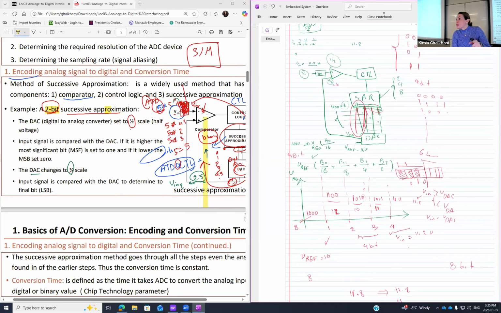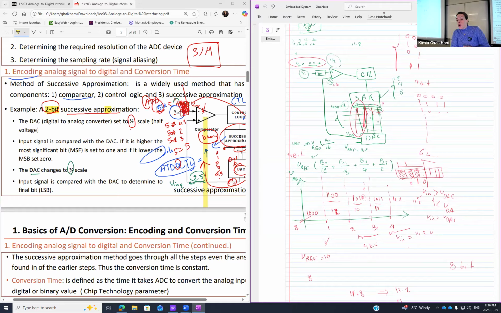I have 4-bit. And that 4-bit is a function of what input I have in here. If I'm dealing with a bigger number, then definitely I have to choose a bigger bit for my method of approximation.